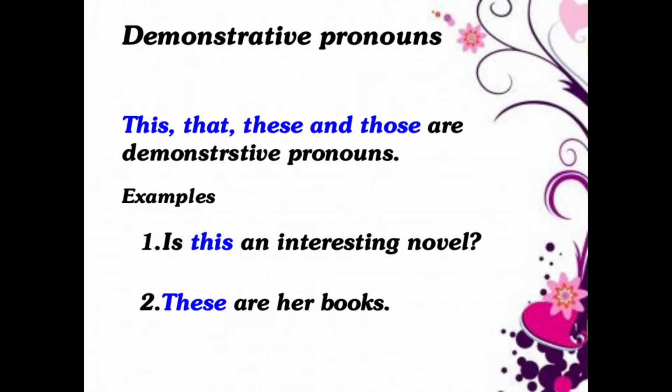Next one is demonstrative pronouns. These pronouns that indicate the place the nouns are in are called demonstrative pronouns. That is, they identify someone or something. This, that, these, and those are demonstrative pronouns.